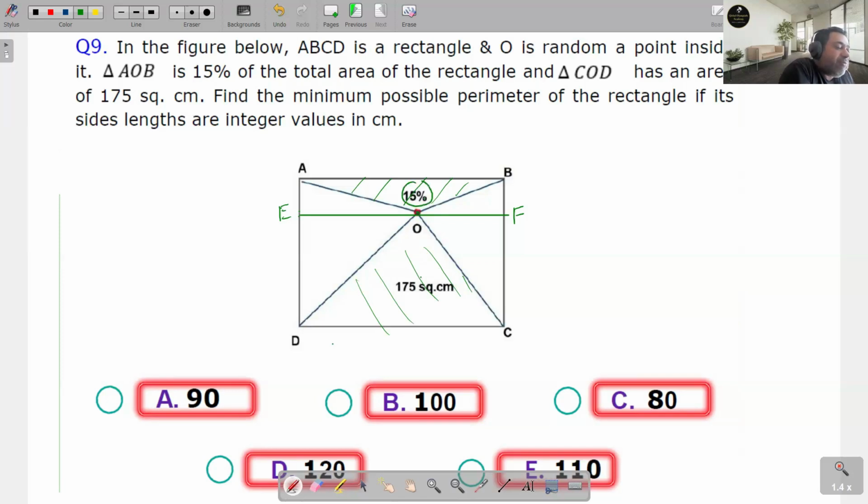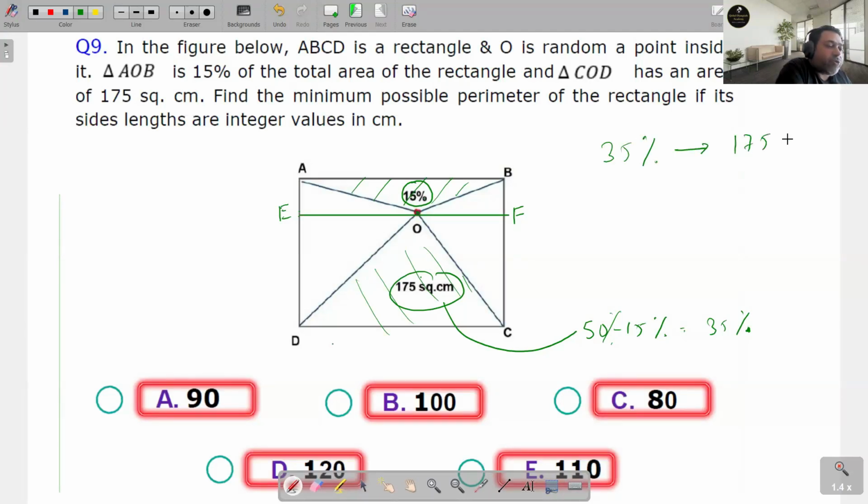So if this is 15%, in that case this one is 50% minus 15%, which is 35% of the rectangle. Okay, so 35% of the rectangle corresponds to 175 square centimeter. Therefore, 100% will be 175 divided by 35 into 100. Correct? And this is 5 times. So the entire rectangle is 500 square centimeters.